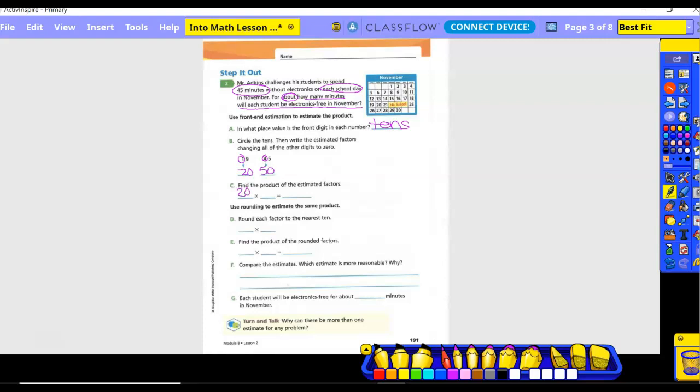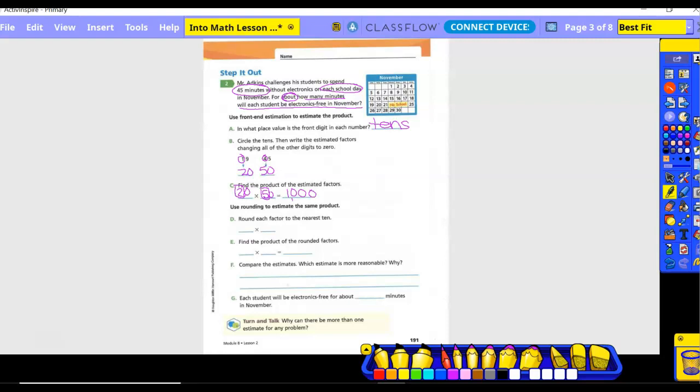So 20 times 50. Put 2 in a box, 5 in a box. 2 times 5 is 10, and add 2 zeros. Use rounding to estimate the same product.